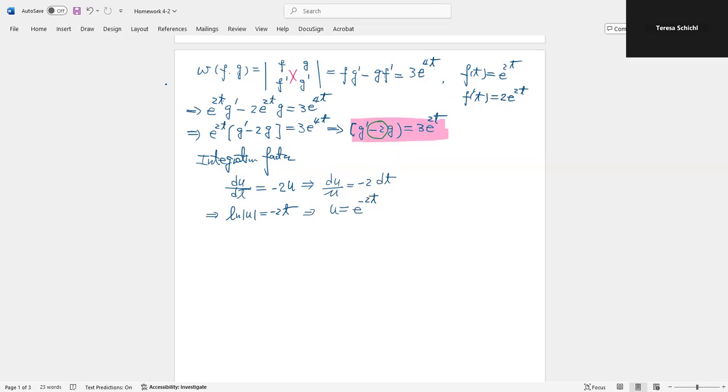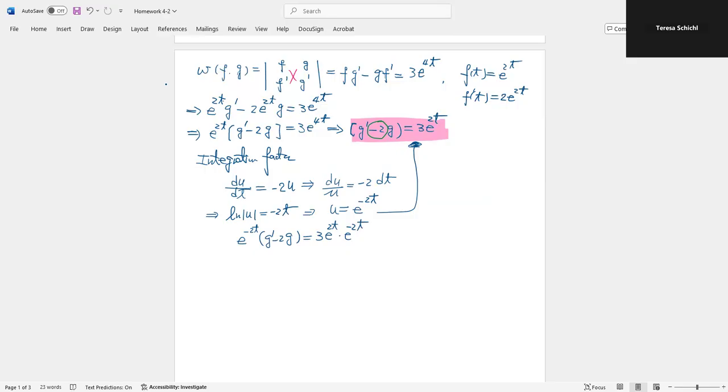Now remember, after that, what do we do? We multiply this integrating factor to this first order differential equation. That's why I highlighted it, to make sure we see that. So this will be e^(-2t) times g prime minus 2g equal to 3e^(2t) times e^(-2t).